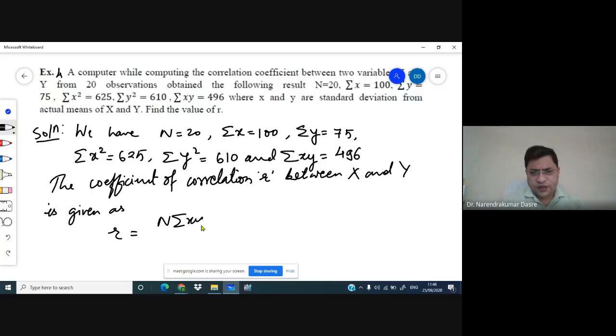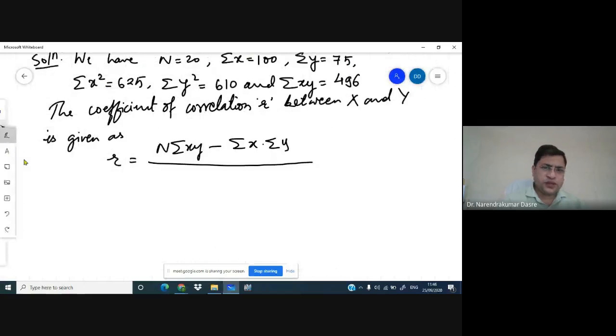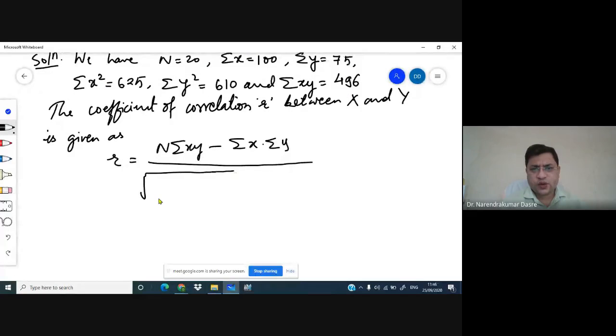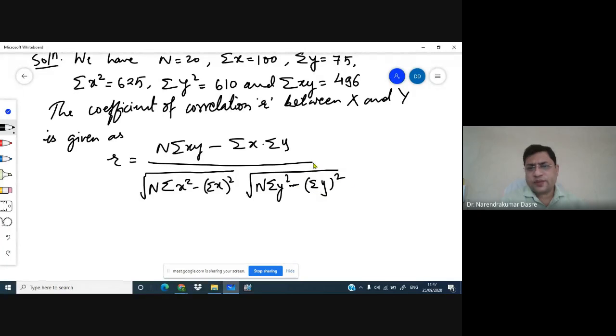It is n times summation xy minus summation x into summation y upon square root of n times summation x square minus summation x bracket square, into n times summation y square minus summation y bracket square. Okay, so this is the formula.